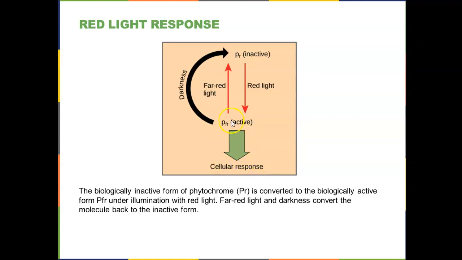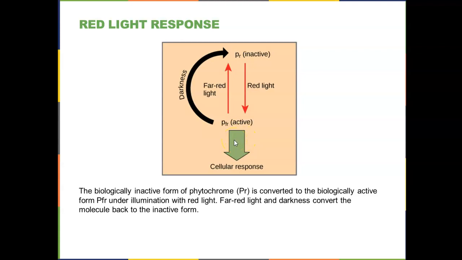All right. So if we hide the plant from light in darkness right here, the phytochrome goes from this active state right here to this inactive state right here, where it's sensitive to the presence of red light. If it's exposed to red light, it'll switch back to the active state right here.